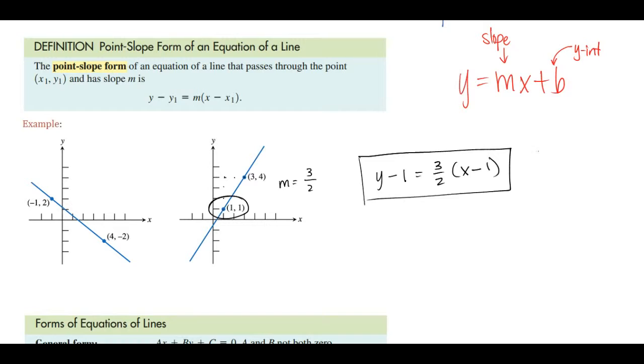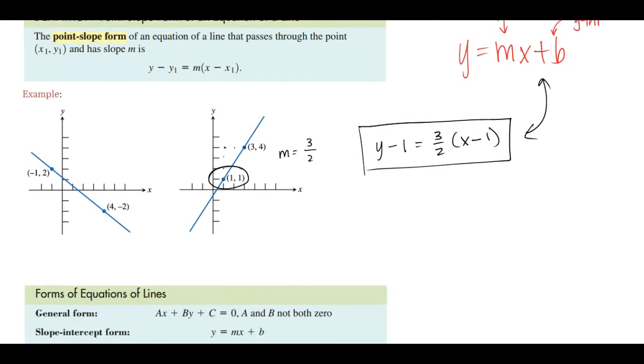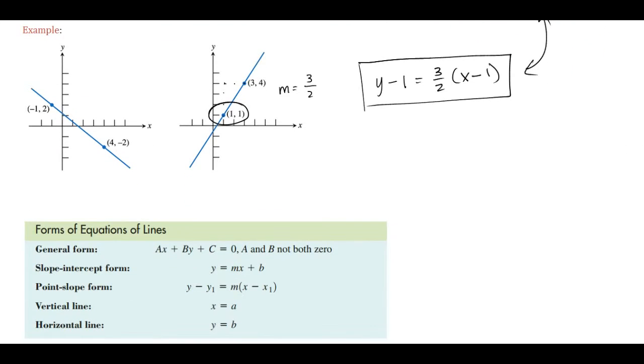Now you could clean it up and turn it into y equals mx plus b by just distributing the 3 halves through and moving that 1 over. Or you could leave it there if they just say they want it in point slope form. And I'm assuming that's what they wanted, so I'm leaving it there. Just so you know, there's the different forms, right? There's general form where you put everything on one side, and a lot of times they don't want fractions.